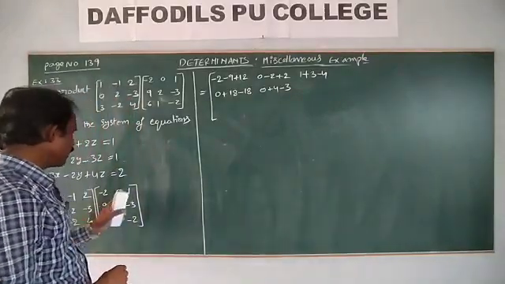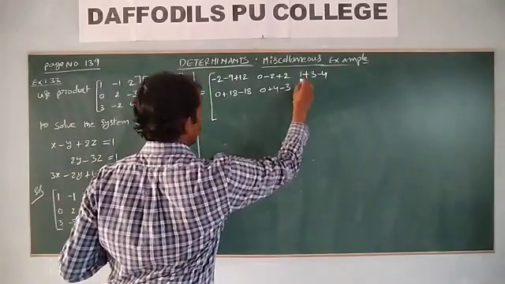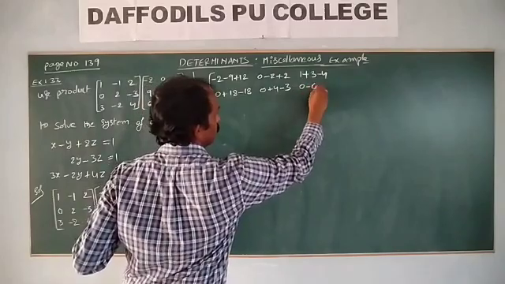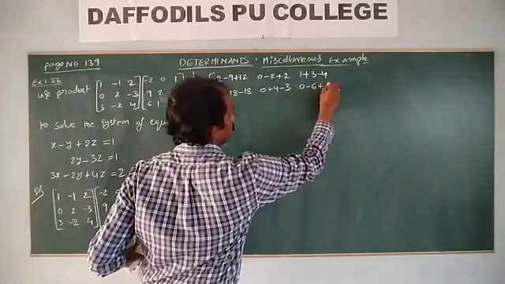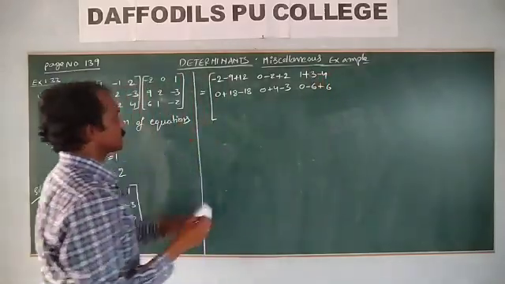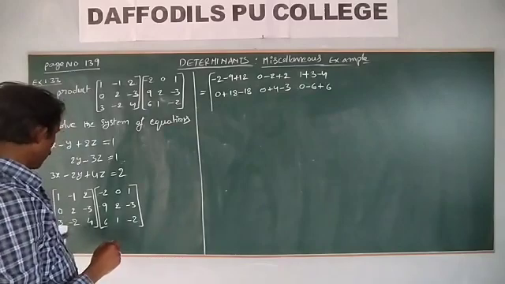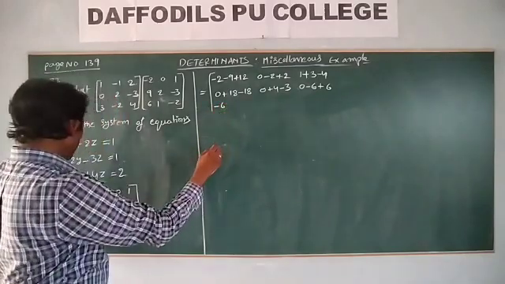Next, second row, third column: 0 into 1 is 0, 2 into minus 3 is minus 6, minus 3 into minus 2 is plus 6, right? Third row, first column: 3 into minus 2 is minus 6, minus 2 into 9 is minus 18, 4 into 6 is plus 24.